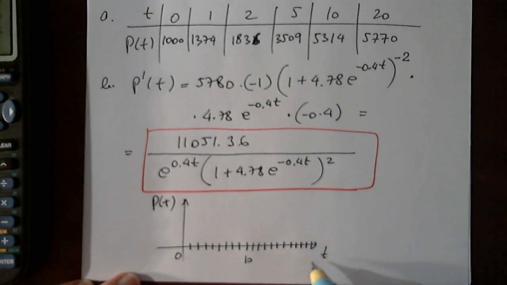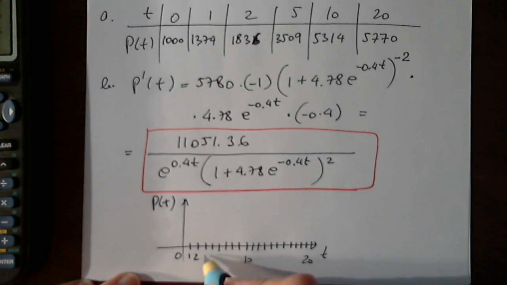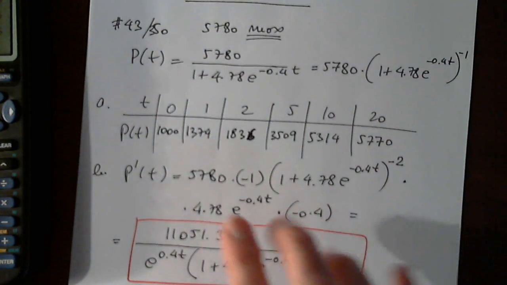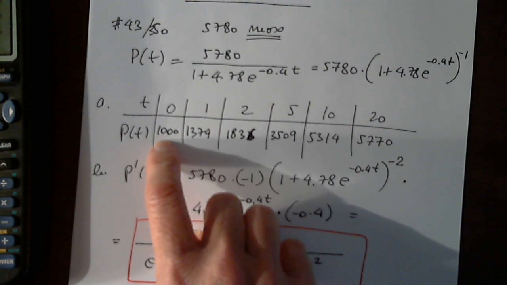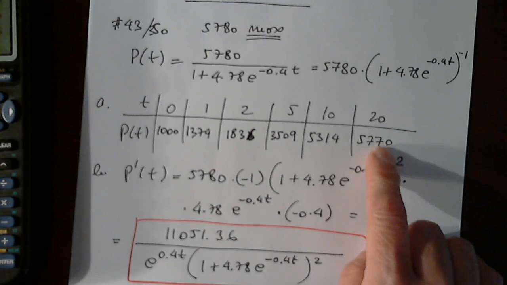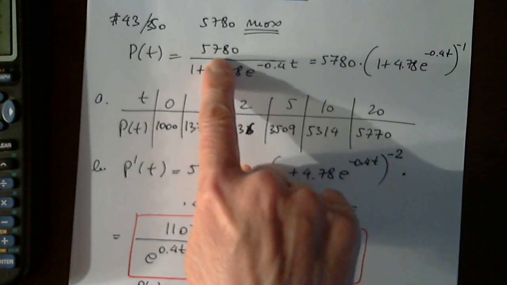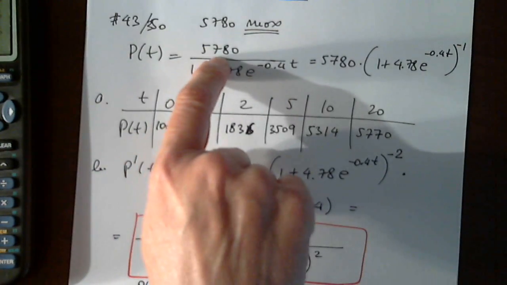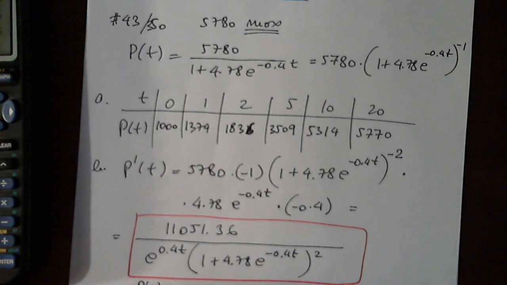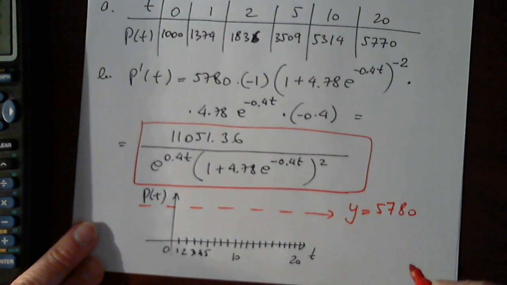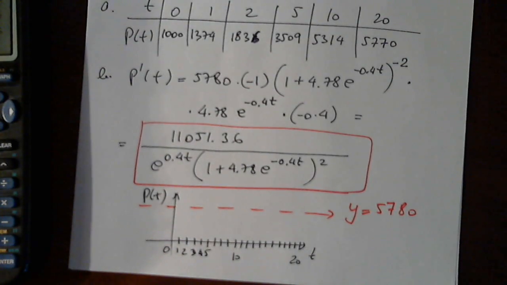So the function goes from 1000 to roughly 5770. I already know that this must be the horizontal asymptote. So this must be y equals 5780 for sure.